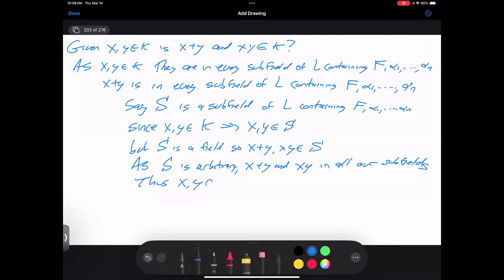Thus, x and y in K implies x plus y and x times y are in K. And so the rest of the analysis is pretty similar to this.